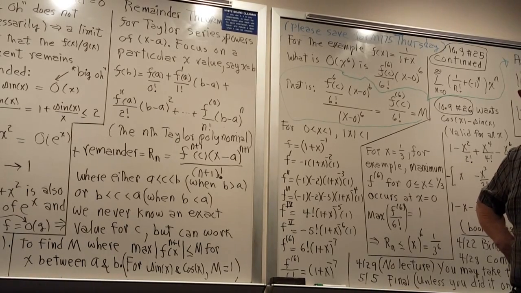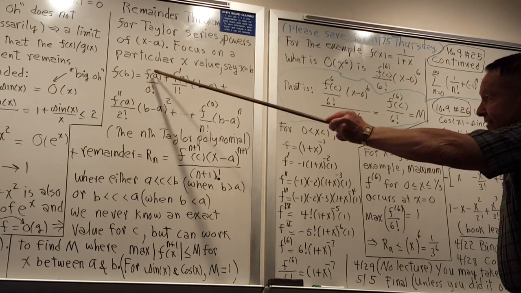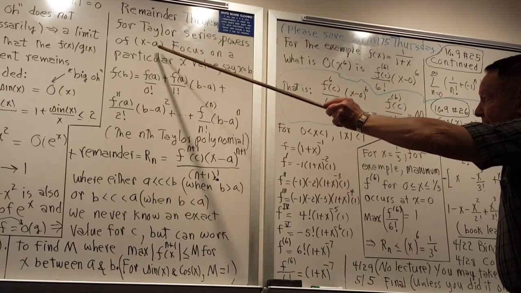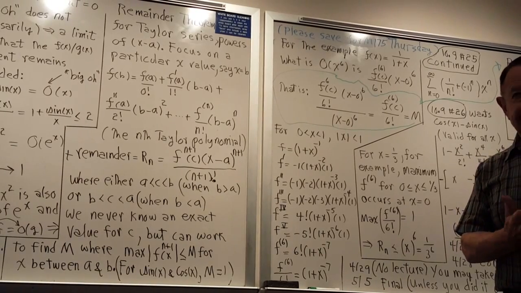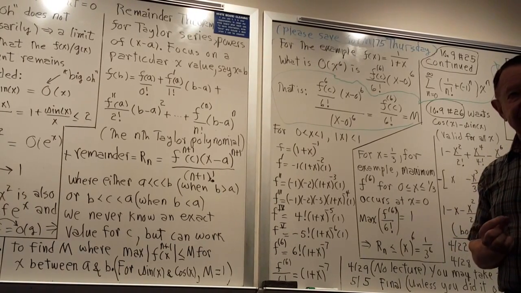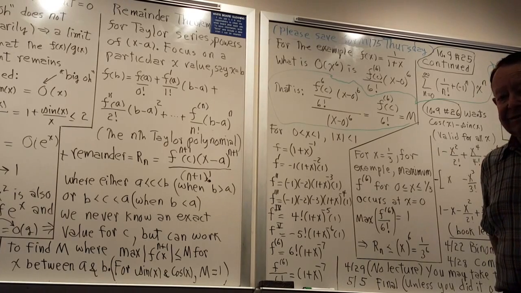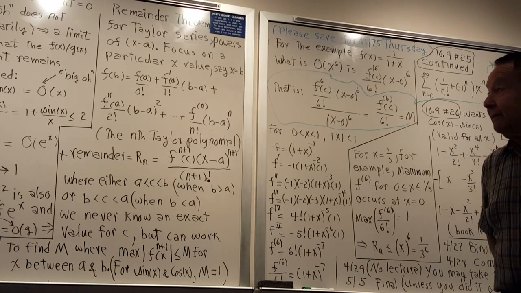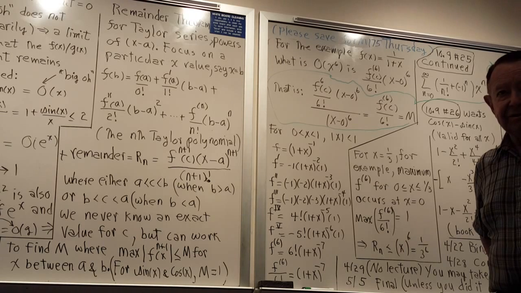So f of b is, and what you're using is the number a to evaluate your function and all the derivatives. If you were thinking of getting the Taylor series for sine or cosine, the a requires a value where you know exact values, if possible, so that you don't have any round-off error.